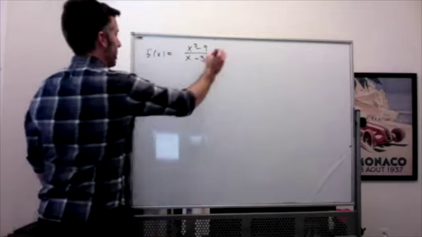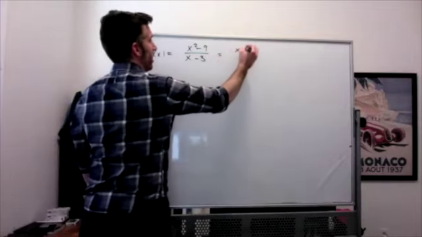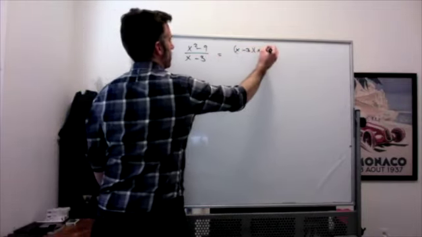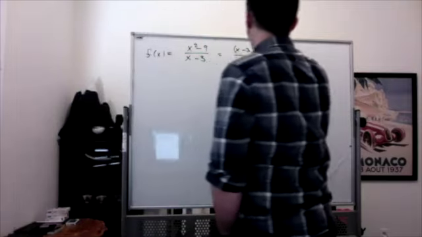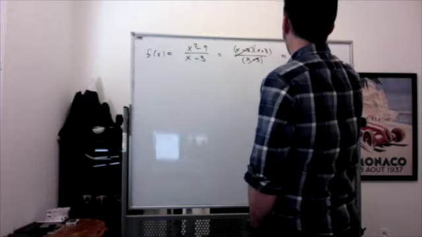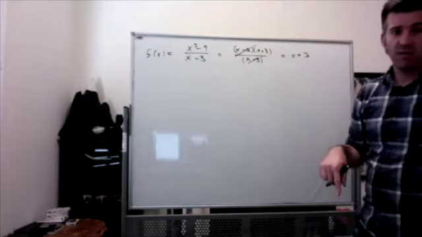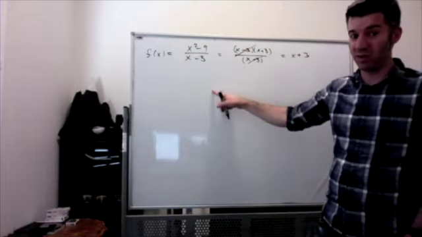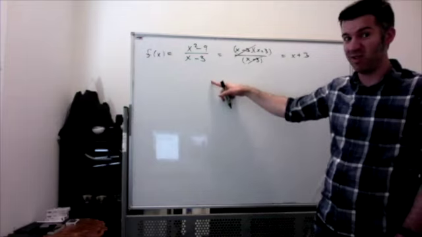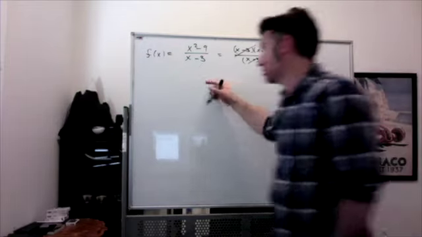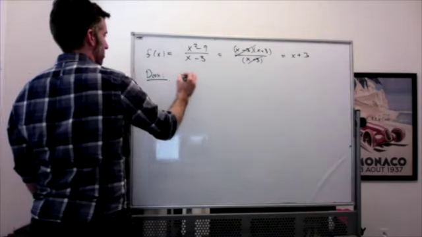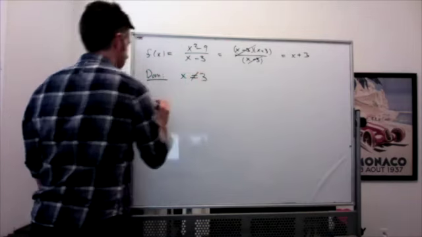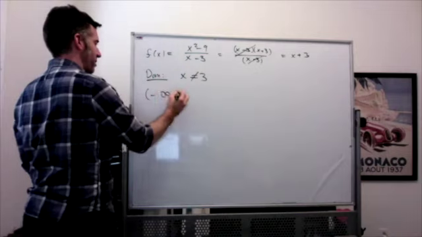This simplifies as x minus 3 times x plus 3 over x minus 3, and you can cancel the x minus 3's. But if you look at the original, which is what you have to look at when you talk about domain, x still can't be 3. So our domain is everything except for 3.